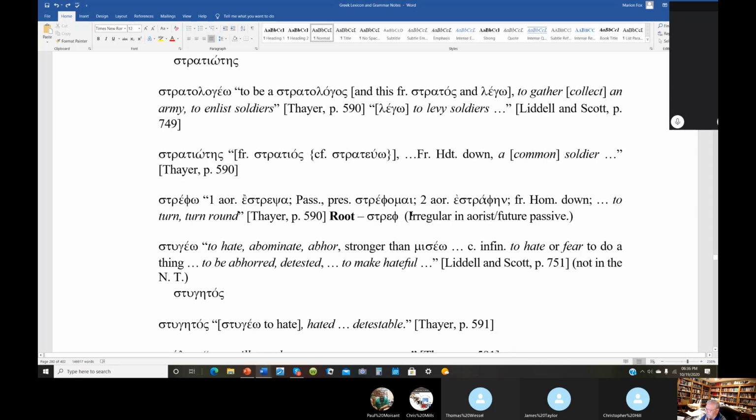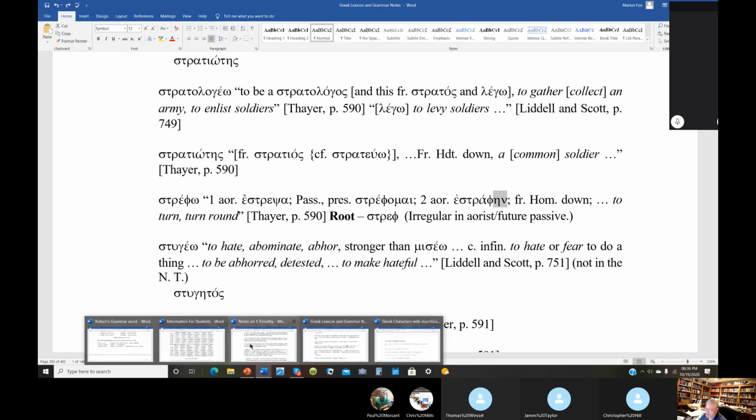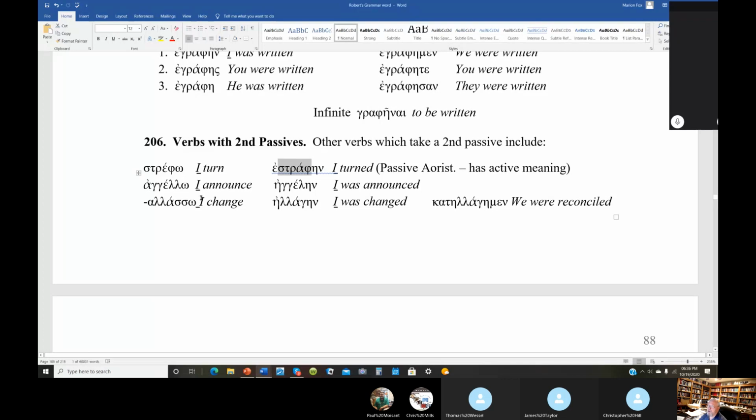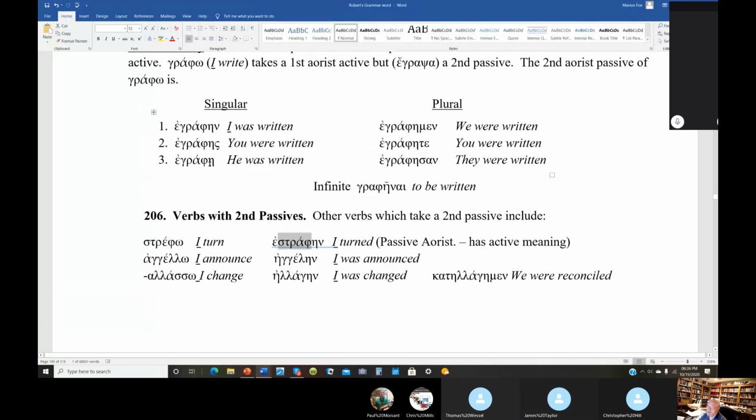And so I've labeled it for you as irregular. But it's irregular in the aorist and the future. So right here, instead of an epsilon, it has an alpha. That's what changed. Now you can see what the new stem, the new root is in the irregular form by just walking through it. You've got your augment here, and there's your ending for us. Now let's go back over here and look at it. Your ending in our book, it doesn't have a phi.